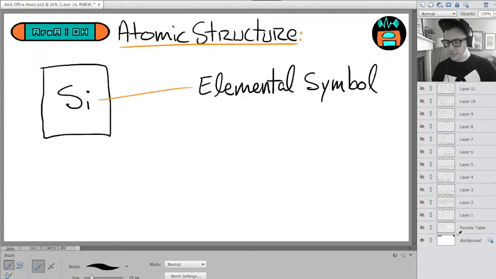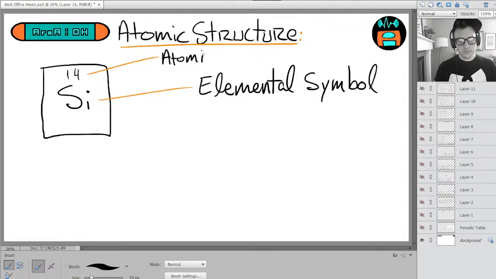All right, now what else is waiting for us on the periodic table? Floating above the elemental symbol for every element on the periodic table is something known as the atomic number. The atomic number is symbolized with a capital Z. For silicon, Z equals 14.